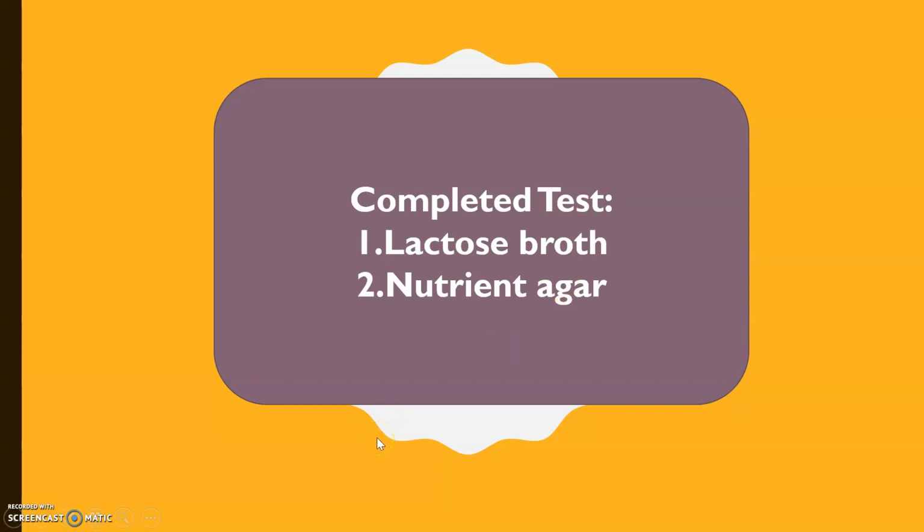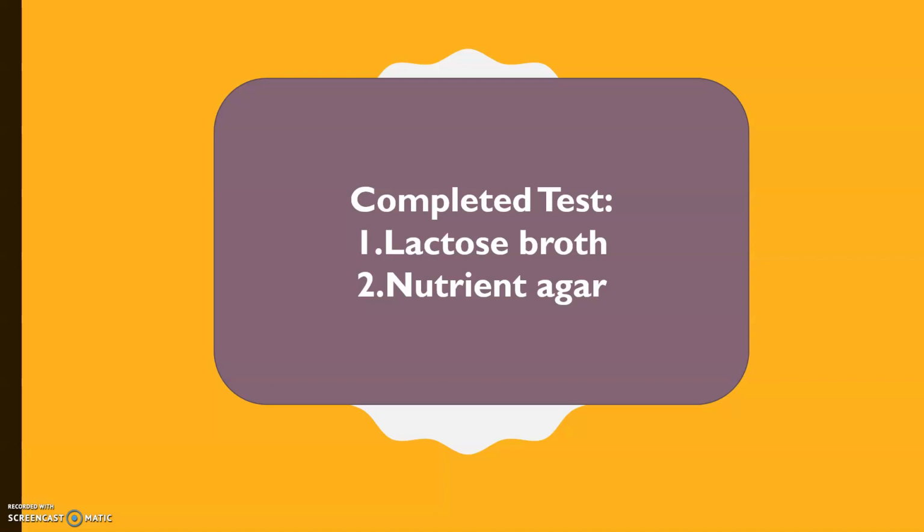A part of a typical colony from the EMB or endo agar plate is streaked on a nutrient agar slant and also inoculated into lactose broth tubes. The tubes are incubated at 37 degrees Celsius for 24 hours and the ability of coliform bacteria to ferment lactose is confirmed in the lactose broth tube.